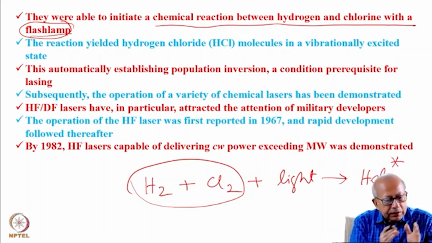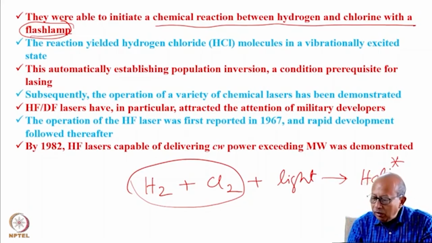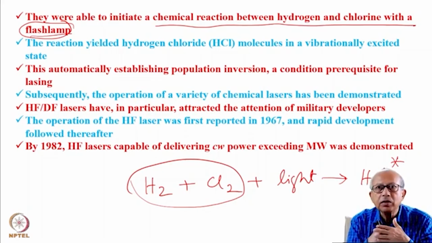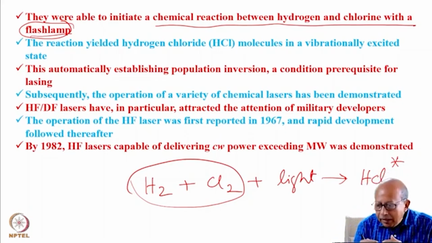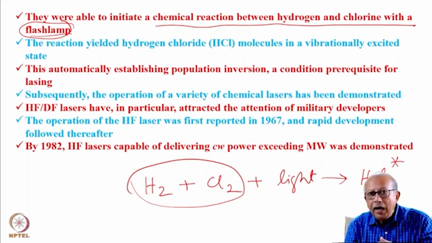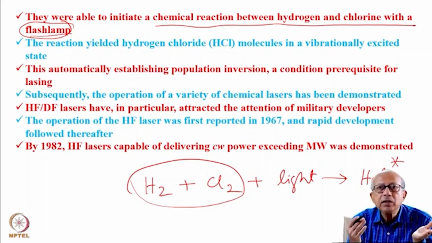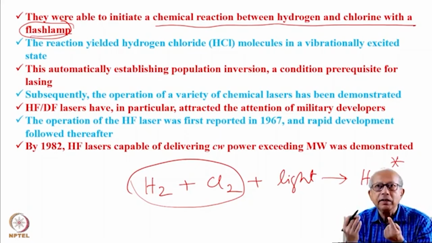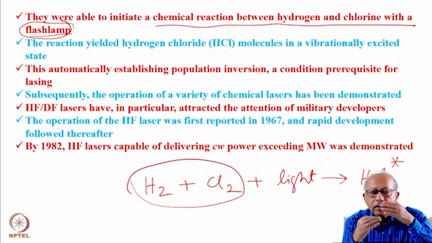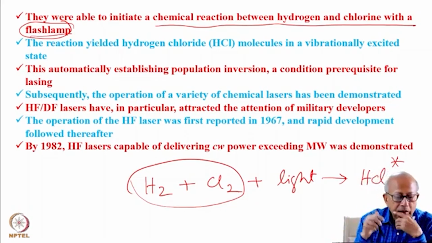Now, for the same reason as I just explained, this hydrogen chloride molecule will have, we are considering its ground electronic state, many vibrationally excited levels, and then they will be formed at different rates at different levels. That will result in achieving population inversion and in turn amplification of light and lasing, giving out coherent light at the corresponding wavelength between which the lasing transition takes place.